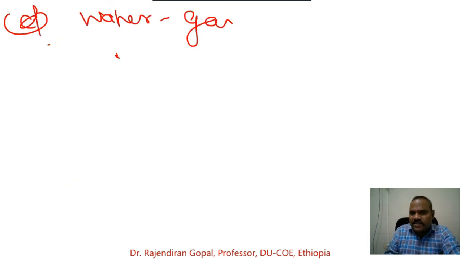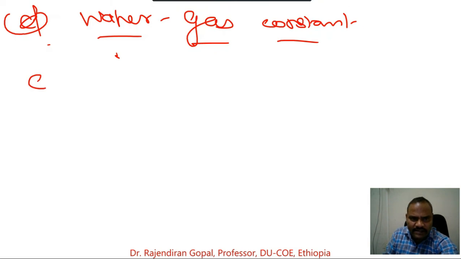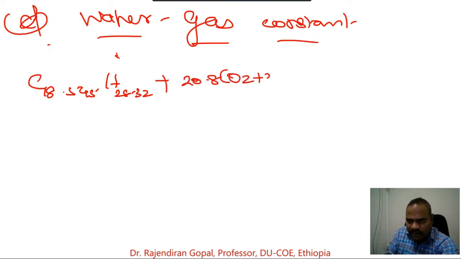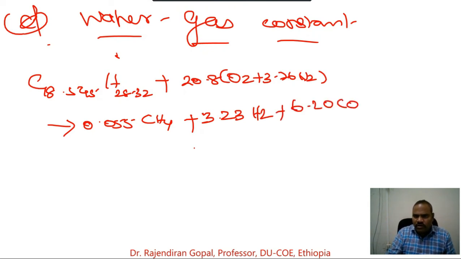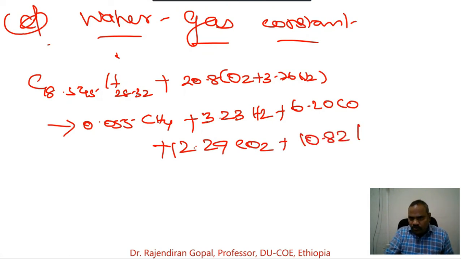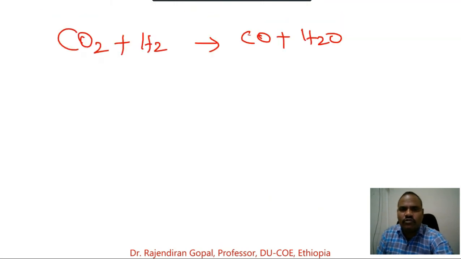Now the question D is the water gas constant. The combustion equation is C18.545 H28.32 plus 20.8 O2 plus 3.76 N2 produces 0.055 CH4 plus 3.23 H2 plus 6.20 CO plus 12.29 CO2 plus 10.82 H2O. Now the water gas reaction is CO2 plus H2 giving CO plus H2O.